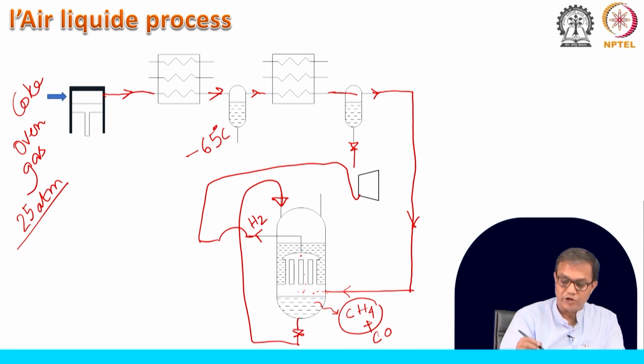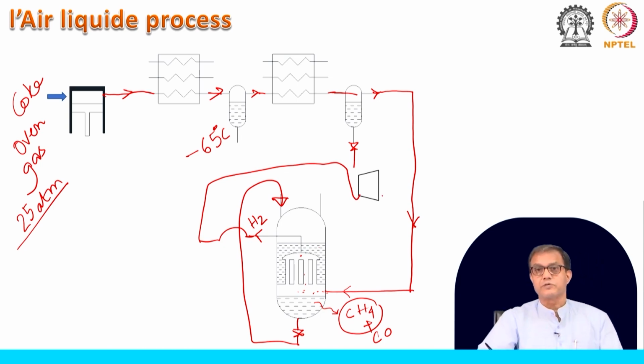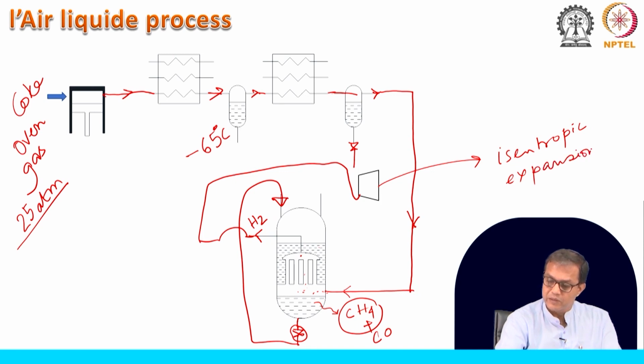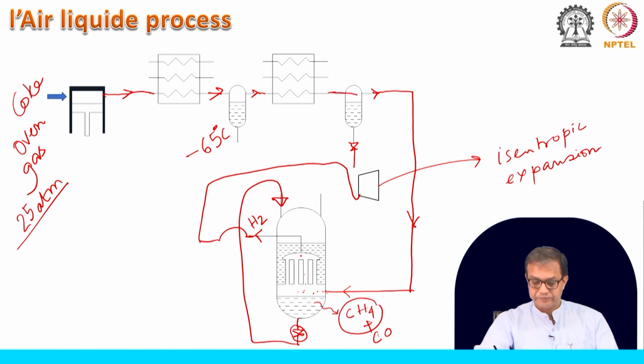So, we will try to put it in an expander. This expansion process is different from this expansion process. This is the JT expansion. We will talk in detail later on while talking about the liquefaction part, but this is what is called an isentropic expansion, and that means its entropy remains constant, whereas this is isenthalpic expansion where the enthalpy remains constant in this process.